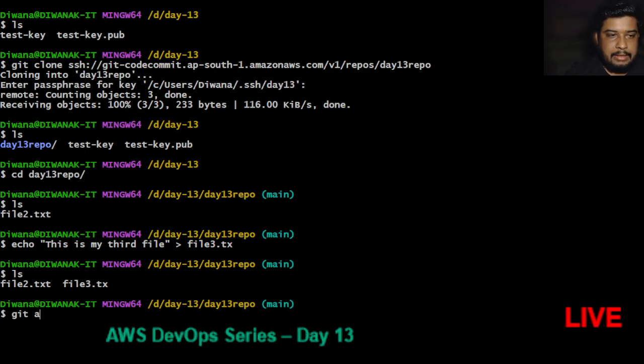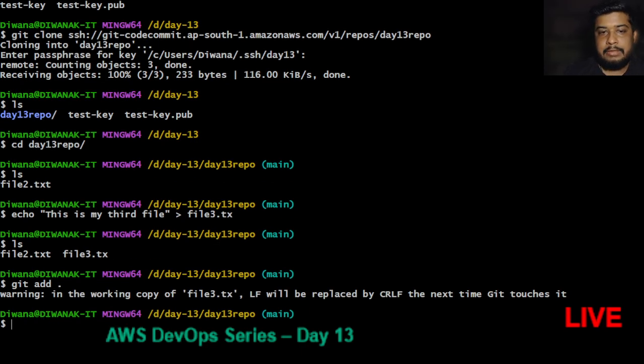So git add. If you don't know what git add is, you need to watch my git videos first. So see, git commit -m, and write the message here, this is my second commit.